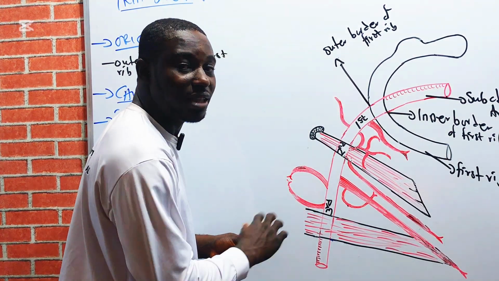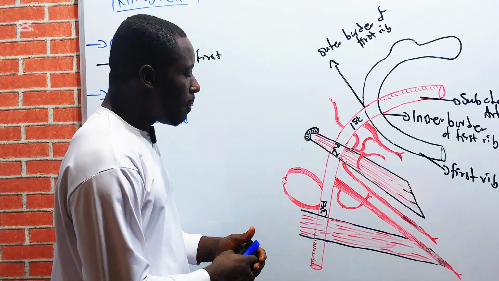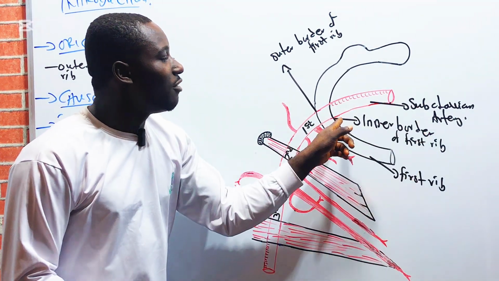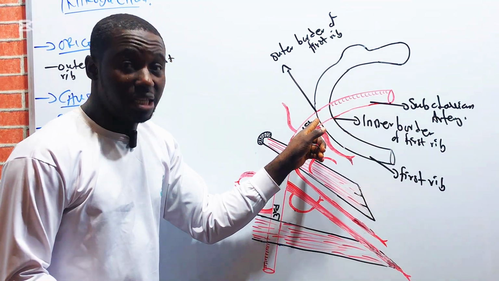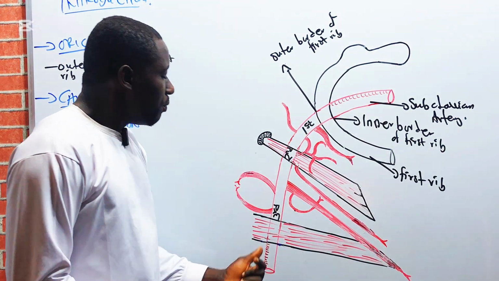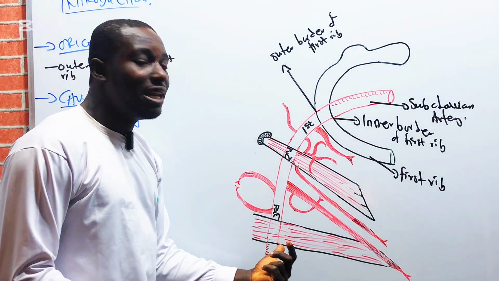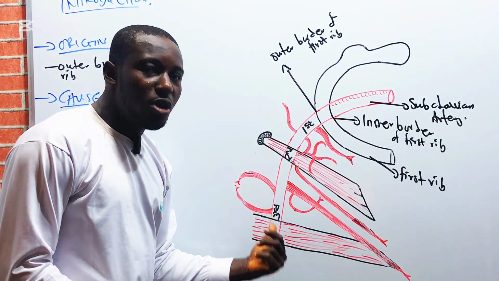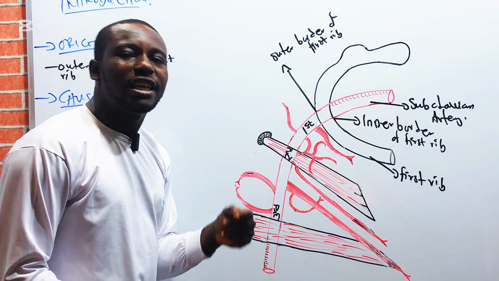That is the level of the termination. So the subclavian artery terminates at the level of the outer border of the first rib, which gives an origin of the axillary artery. Now, the axillary artery terminates at the level of the inferior border of the teres major muscle, which gives an origin of the brachial artery.